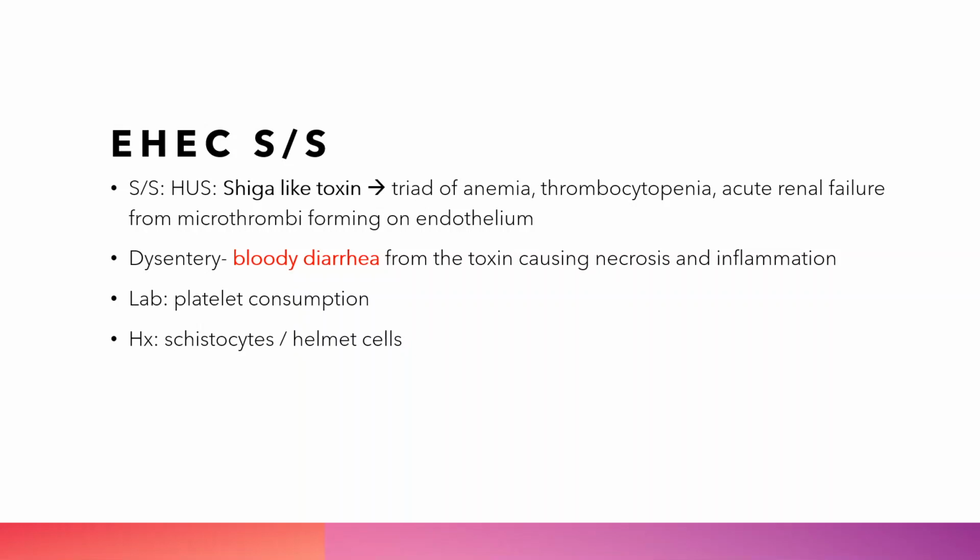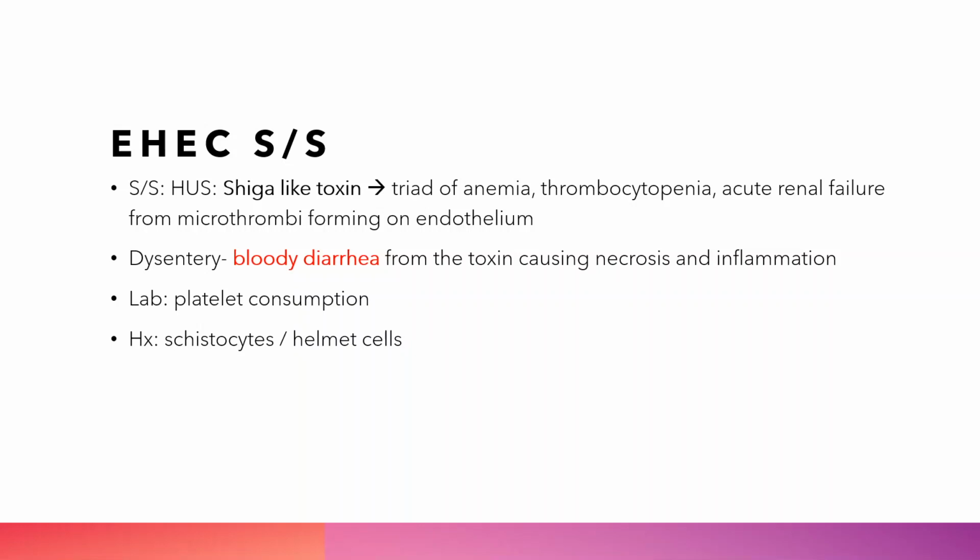On the labs, we see platelet consumption. Thrombocytopenia means a very low platelet count. Anemia means low red blood cell count. And what happens with EHEC is you start seeing schistocytes and helmet cells, because as these red blood cells try to pass where there is a clot or a blockage, they start to become lysed.